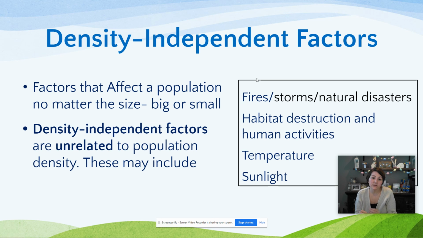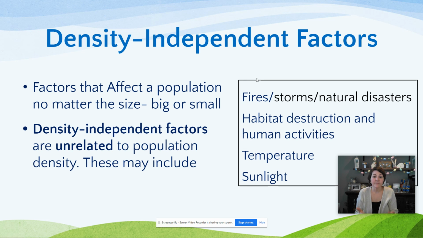And so most of these are going to be natural disasters and human activities, like fires, storms, hurricanes, habitat destruction, pollution, things that come in and it doesn't matter if you're a big population or a small population, it's going to affect you the same. So a density independent factor does not matter how big or small your population is.